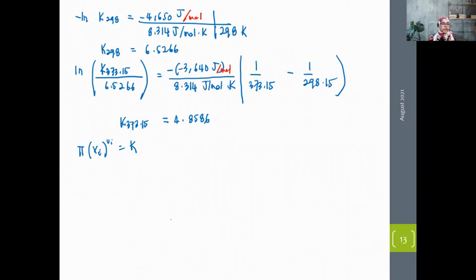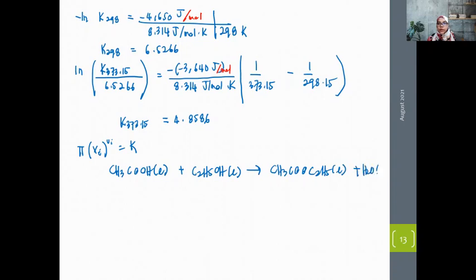From the equation, we have acetic acid liquid plus ethanol liquid to produce ethyl acetate, CH3COOC2H5 liquid, plus H2O also liquid. So this is minus 1, plus 1, plus 1.